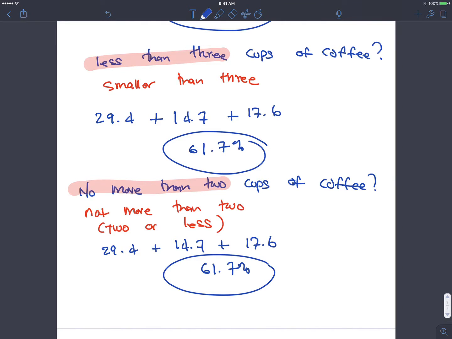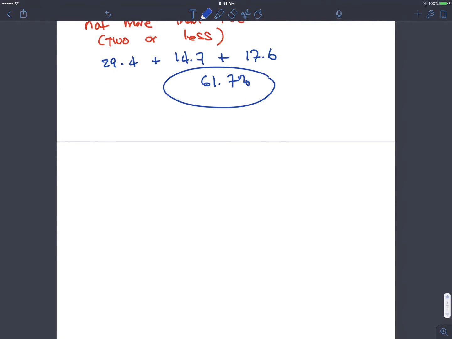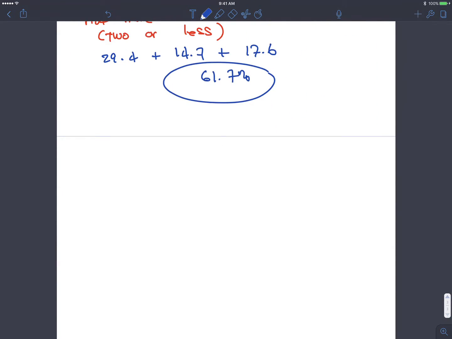Let's look at the next question. F, what percent of the sample drinks between 1 and 3 cups? So what percent drink between 1 and 3 cups of coffee?